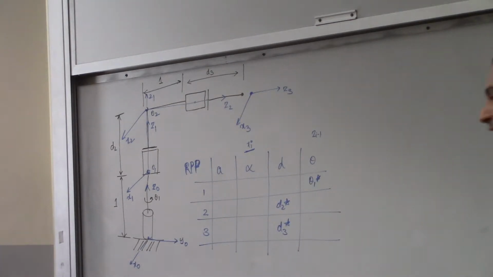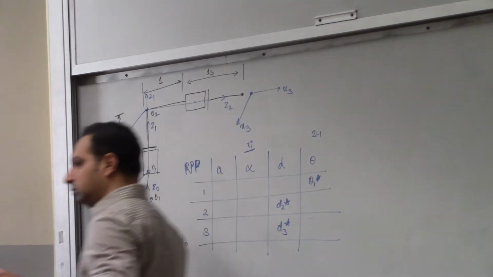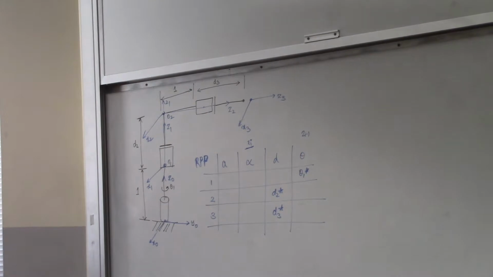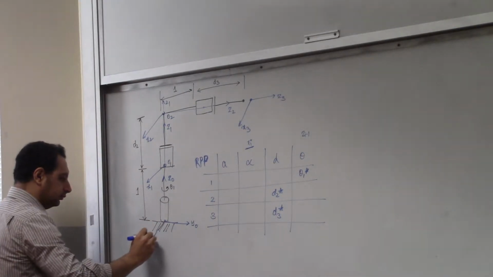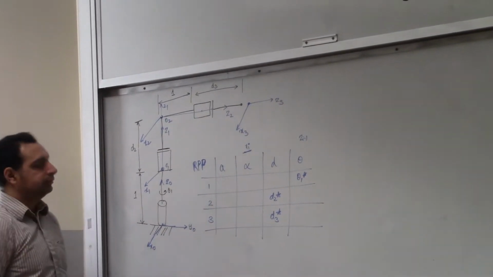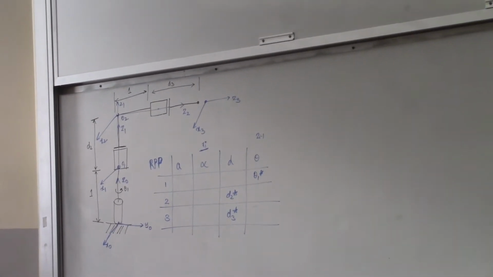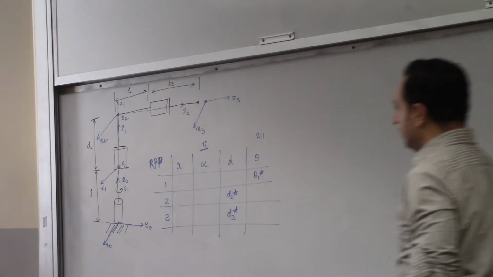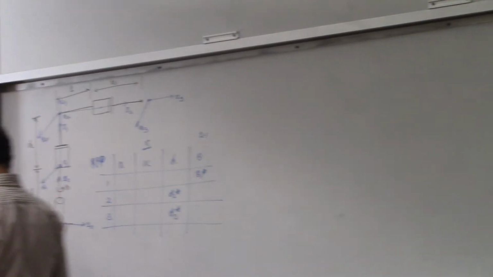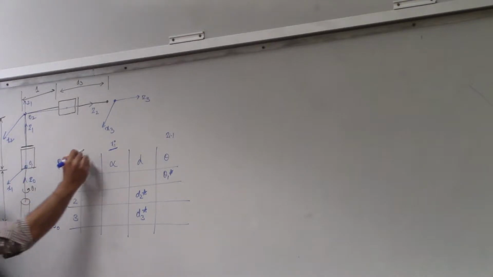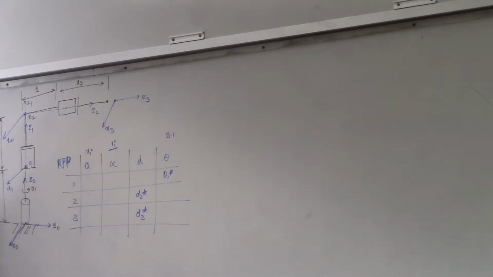All right, let's fill out the table. What is A1? 0, because A1 you measure as the distance along xi.